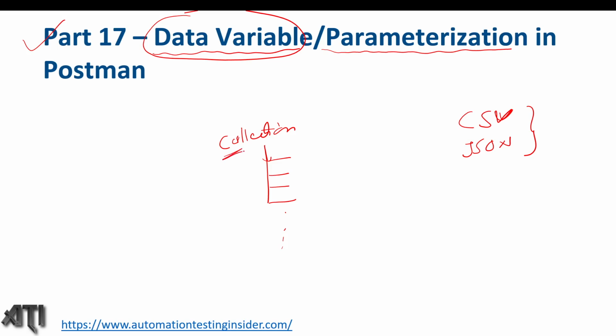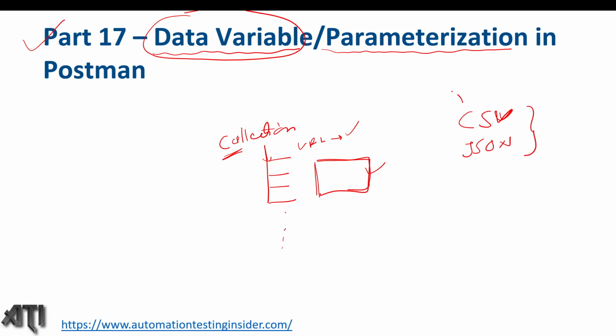So what happens is we supply the data variable. We set the data variable in the URL and in the request body as well, the way we have done with a global variable or environment variable.